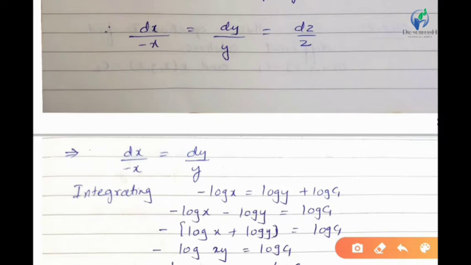So we can integrate it with respect to x and with respect to y. So dx upon minus x is minus log x, dy upon y is log y. We take some constant log c1. Taking log y to the other side, we get minus log x minus log y equal to log c1. Taking minus sign common, we get log x plus log y equal to log c1.